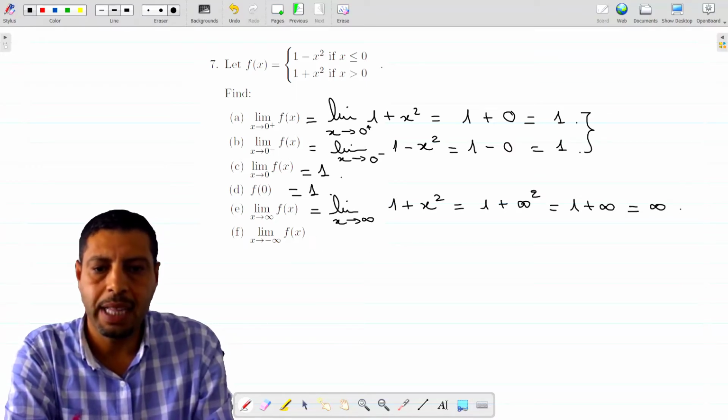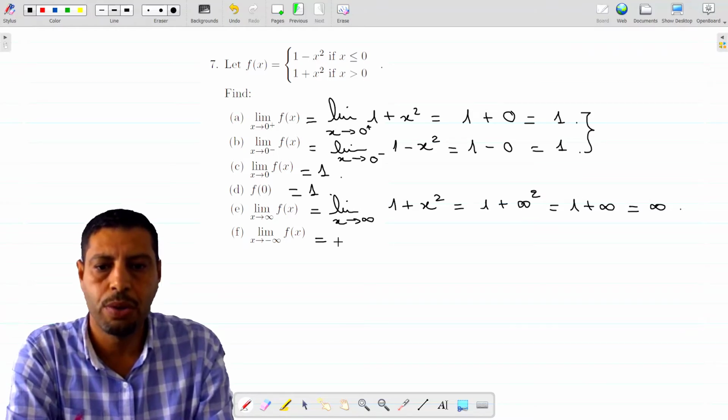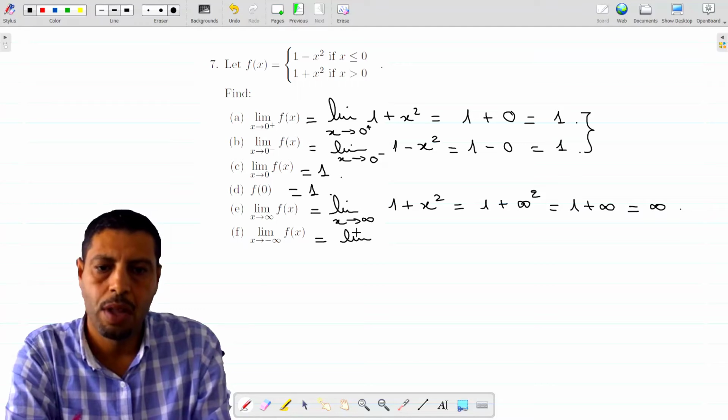Okay? The limit at negative infinity, so you have to consider the first expression as the first expression is defined for x less or equal than 0, for negative numbers. So it's equal to the limit of 1 minus x squared as x approaches negative infinity.